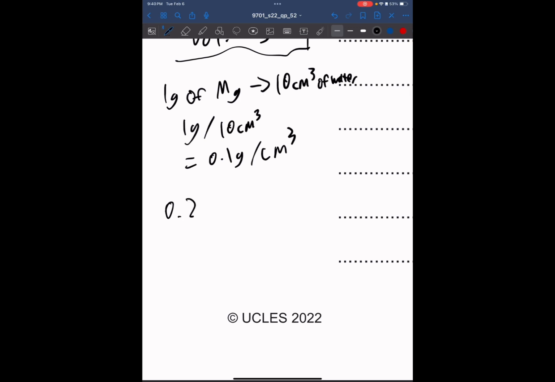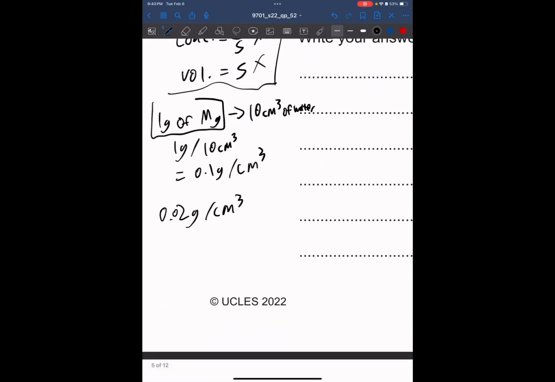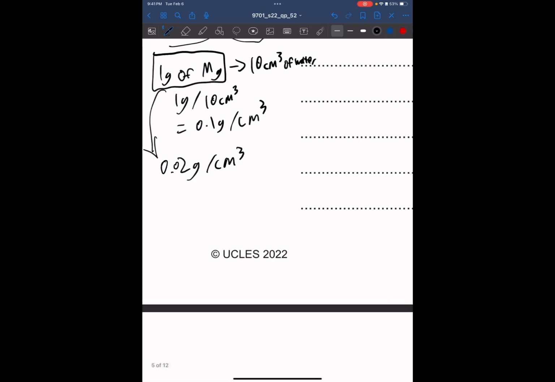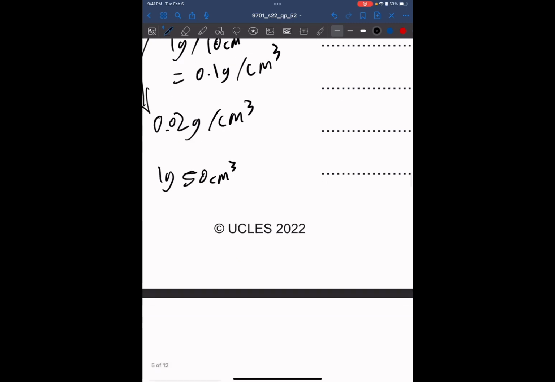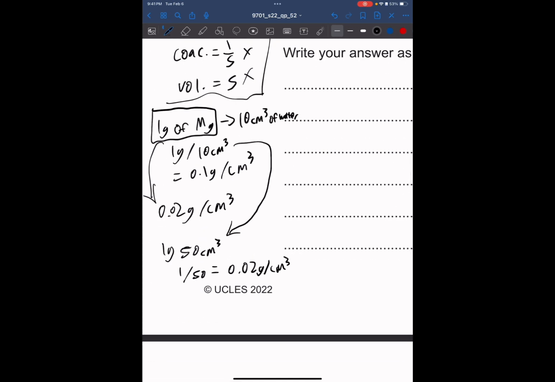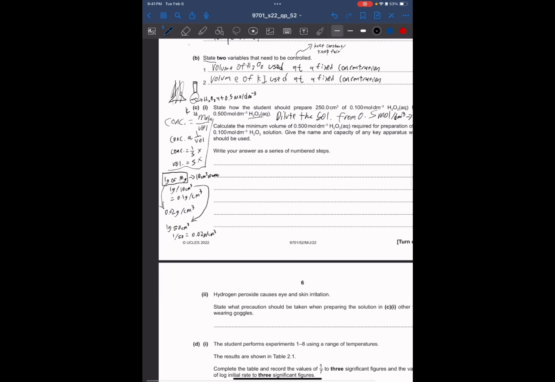So you want 0.02 grams per cm³. Obviously in your beaker, you're only going to have the 1 gram of magnesium. You just have to change the concentration. How you do that is you have to add water. If we had that same 1 gram, but instead we put it inside 50 cm³, which is 5 times the volume, our concentration is going to be 0.02 gram per cm³. Note how the only thing we're changing here is the volume and the concentration changes. I think that's the best that I could explain the concept behind this question.